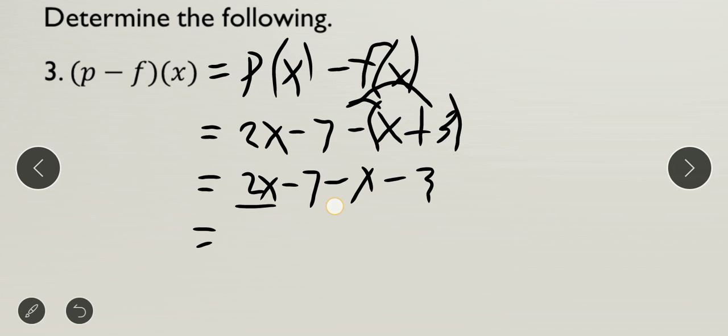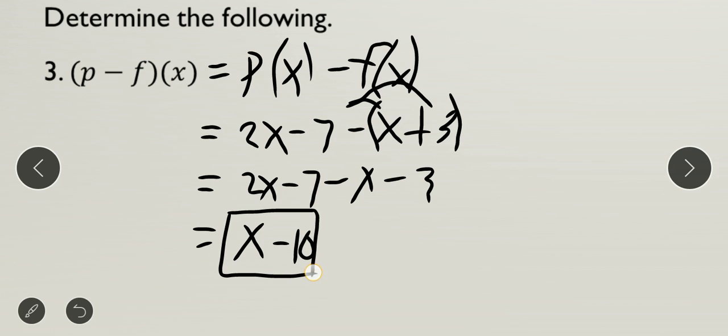Simplify, 2x and negative x can be combined. So that would be x. And negative 7 minus 3, that would be negative 10 because they have the same sign, so we are going to add and copy the common sign. Therefore, the difference is x minus 10.